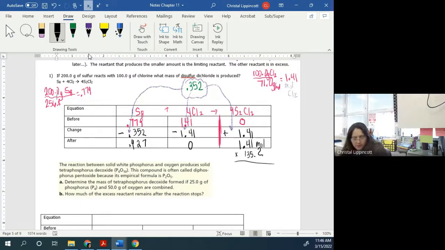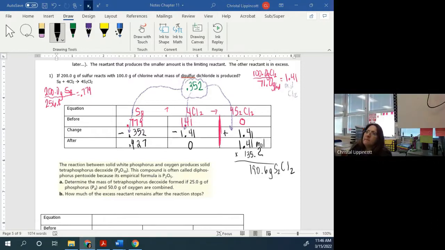So if I multiply those two things together, I get 190.6, and that would be grams of S2Cl2. Right? Any questions on that problem before we do another one?